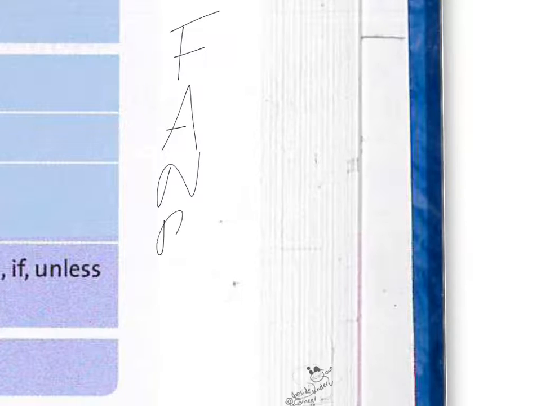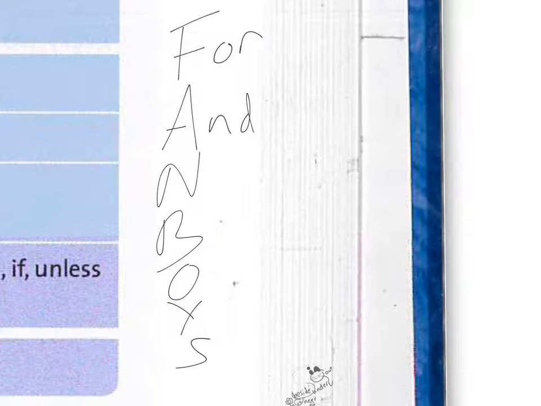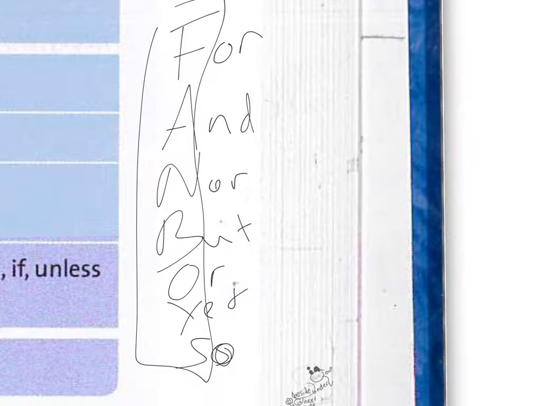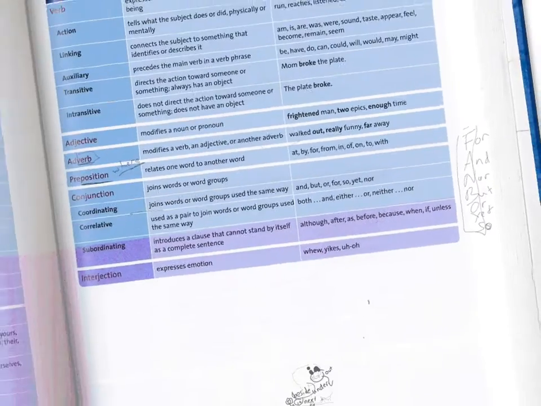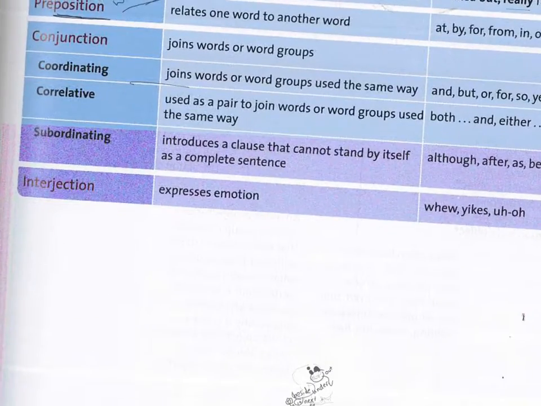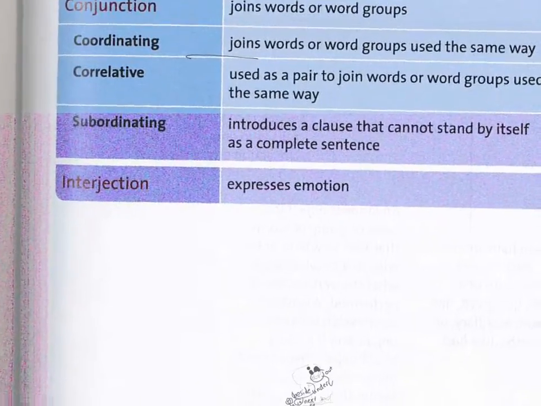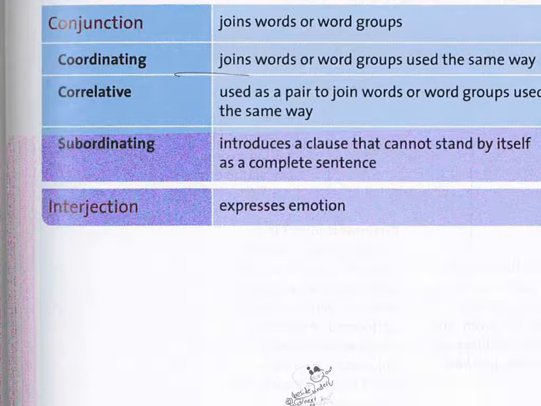FANBOYS. These are your coordinating conjunctions: for, and, nor, but, or, yet, and so. So if you remember FANBOYS, you will remember what your coordinating conjunctions are. In our next unit, when we look at sentence types, that becomes an important thing to know, determining when a sentence is compound versus complex.